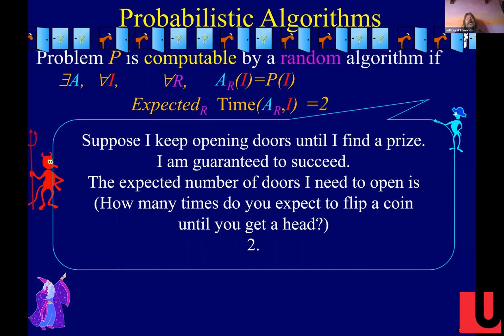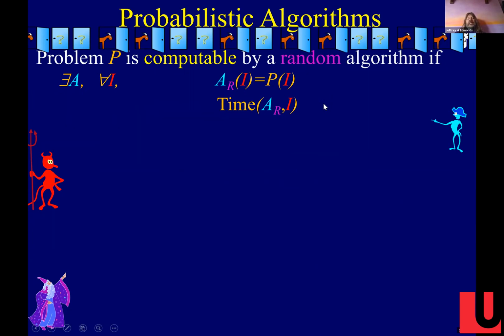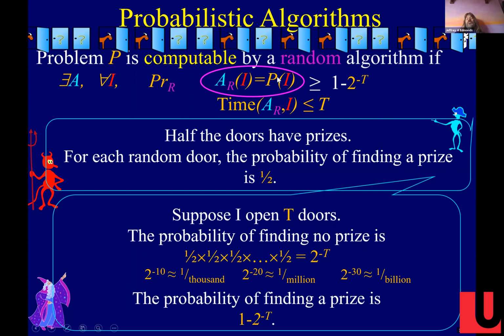So when I say what's the expected time, it's the expected time until you find a prize. And back here, we're saying, what's the probability that I find a prize? Well, it's 1 minus the probability I don't find a prize, which is exponentially small. Oh, okay, that makes sense. Thank you.